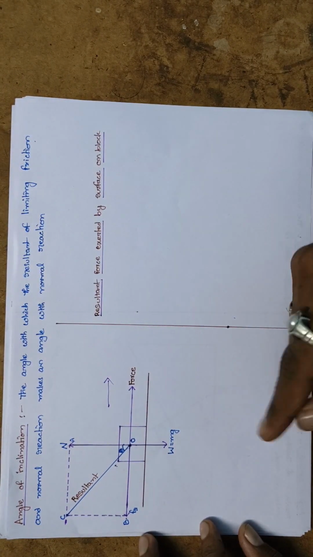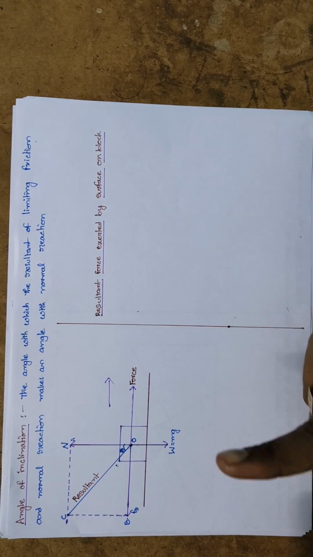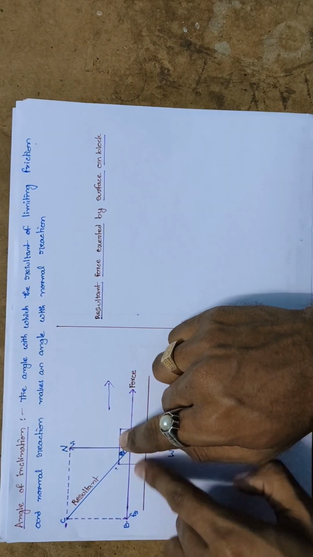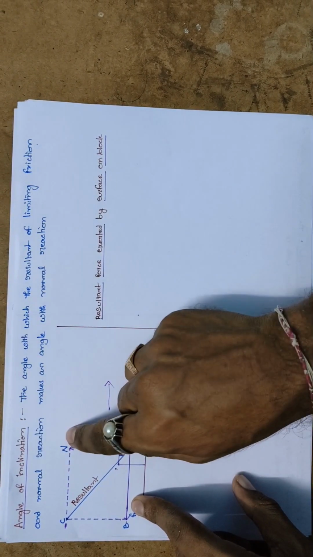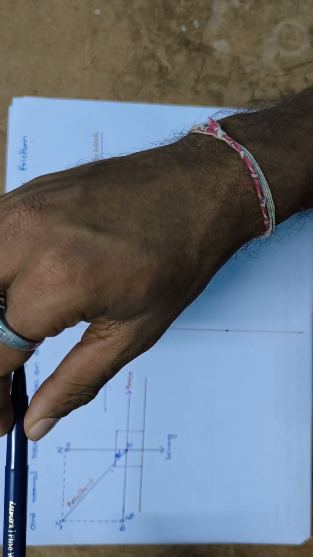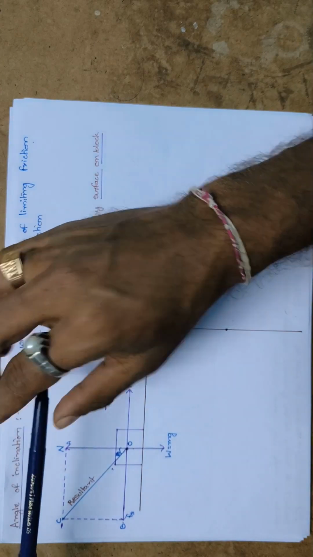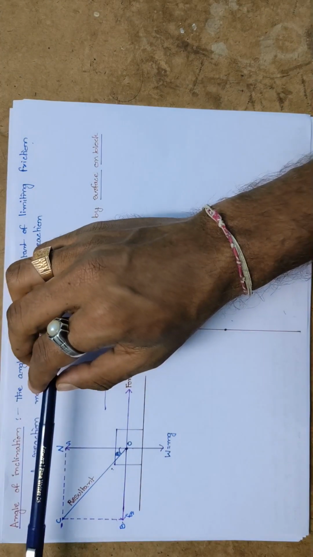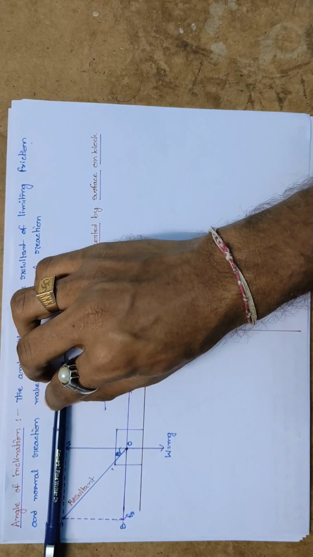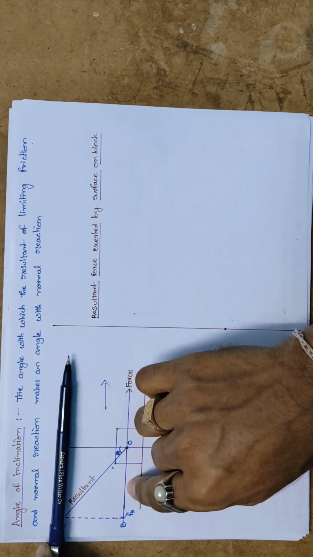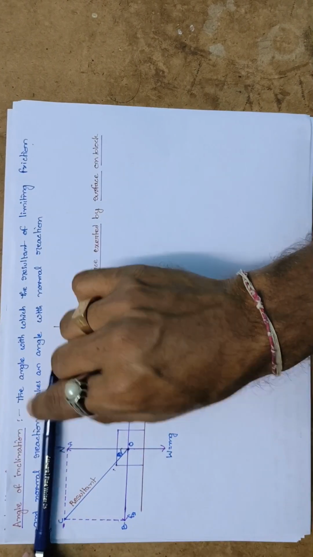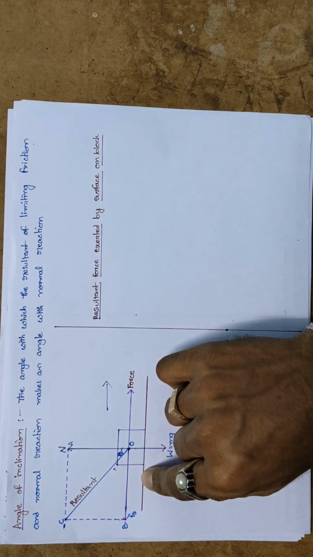As we know the parallelogram law of vector addition, two vectors are joined tail to tail. This is one vector, OA, and OB is another vector. Now let us assume the pen is a mirror. This is the OB vector. If the mirror is placed opposite to the OB vector, the image of this vector will form here. These imaginary lines represent the image of this vector.